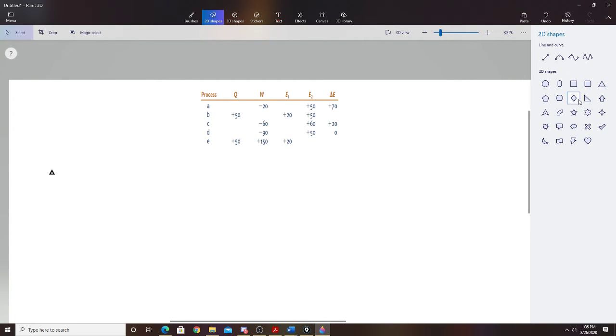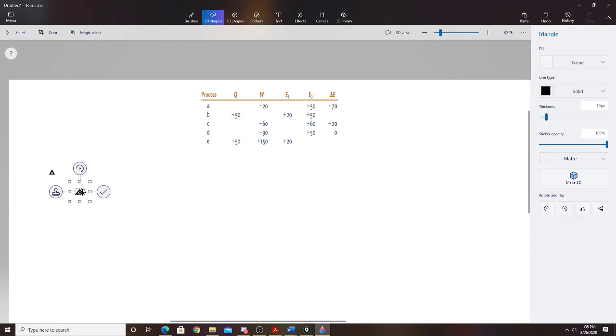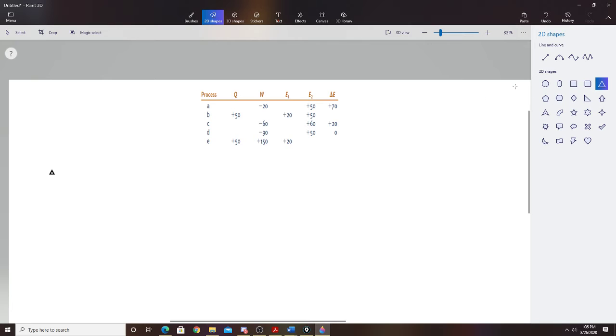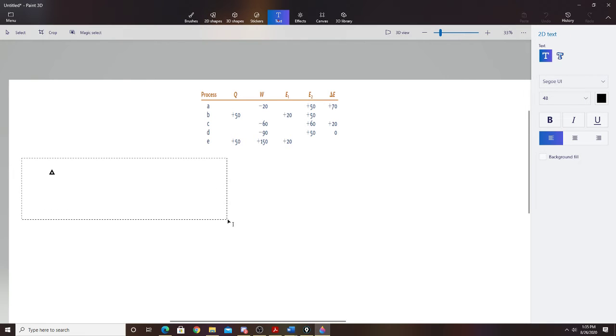So, alright, so delta, and then let's do this. So let me do that. Delta E is equal to, right, Q minus W, right?